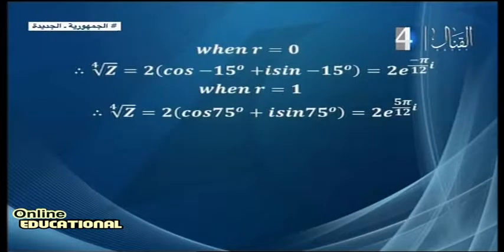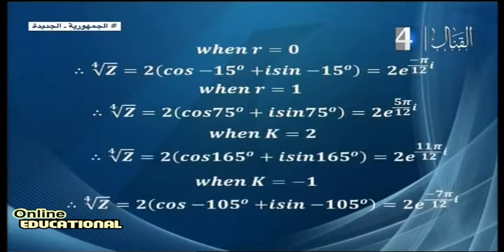When r equals 2, the third solution is 2e power 11 pi over 12 i. When r equals negative 1, the fourth solution is 2e power negative 7 pi over 12 i.